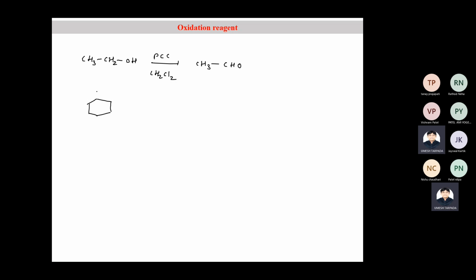Suppose you have cyclohexanol, a secondary alcohol, you can use the same reagent, then you get cyclohexanone. If you have such a tertiary alcohol, there is no chance to undergo reaction. No reaction.